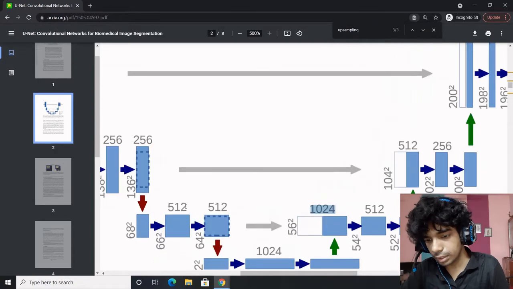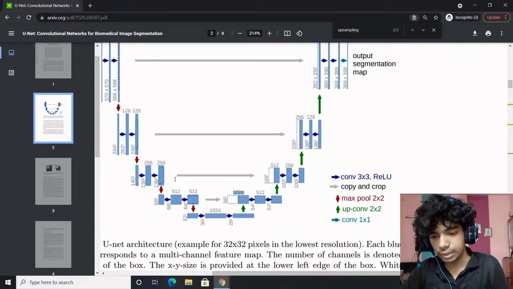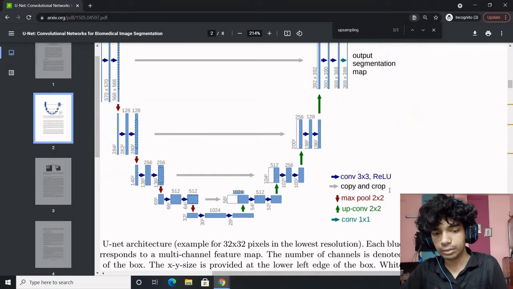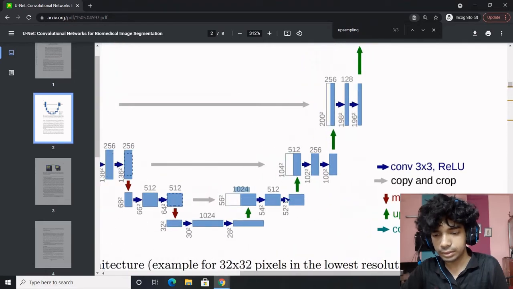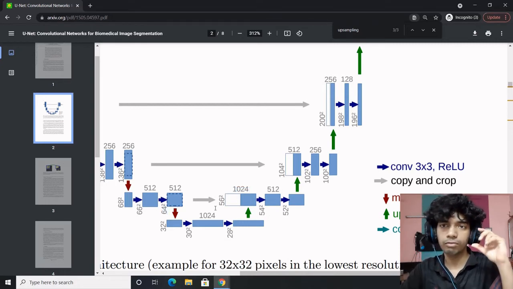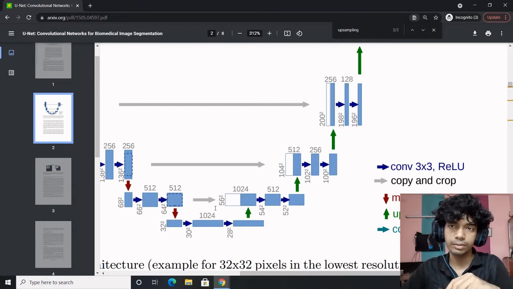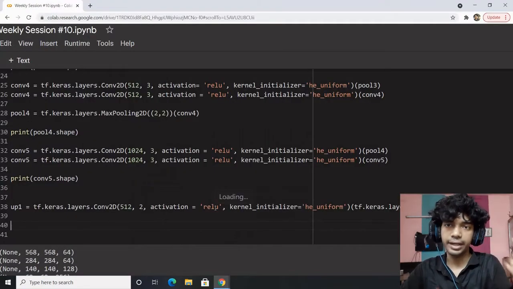If you see, there are dotted lines over here. If you read about it, it's a copy and crop. So crop in accordance so that it becomes 56, 56. You need to match the dimensions. If you want to reduce 64 to 56, you would have to trim 8. 8 by 2 is 4, so 4 from both ends.